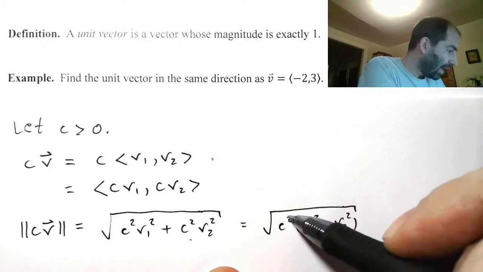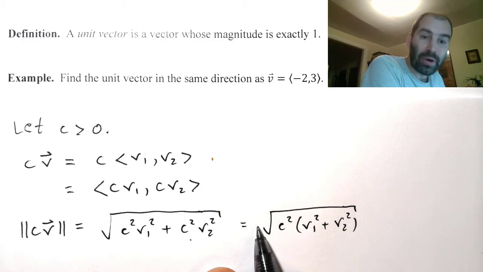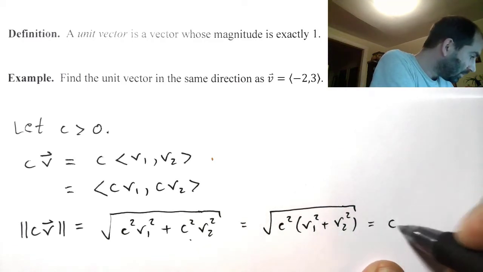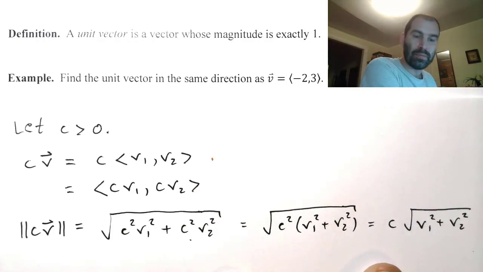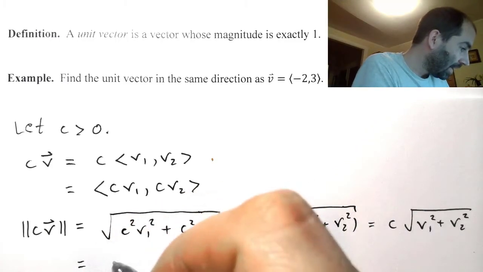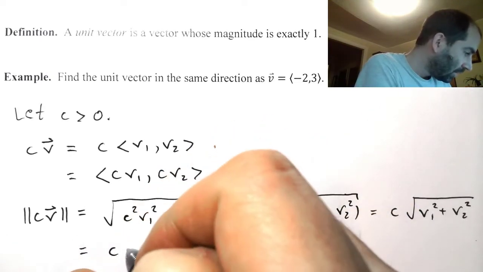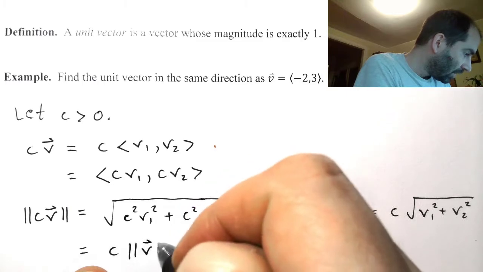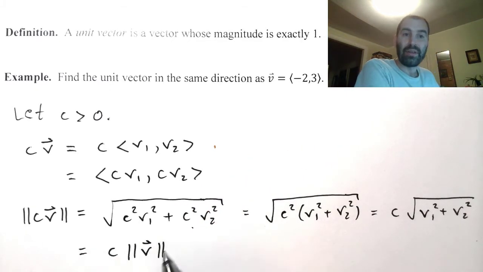I've got a positive number squared under a square root as a factor, and I can always pull that out by taking the square root of it. And what is this? This is just the magnitude of V. So what we've shown here is that multiplying by a positive number C just gives us C times the magnitude.